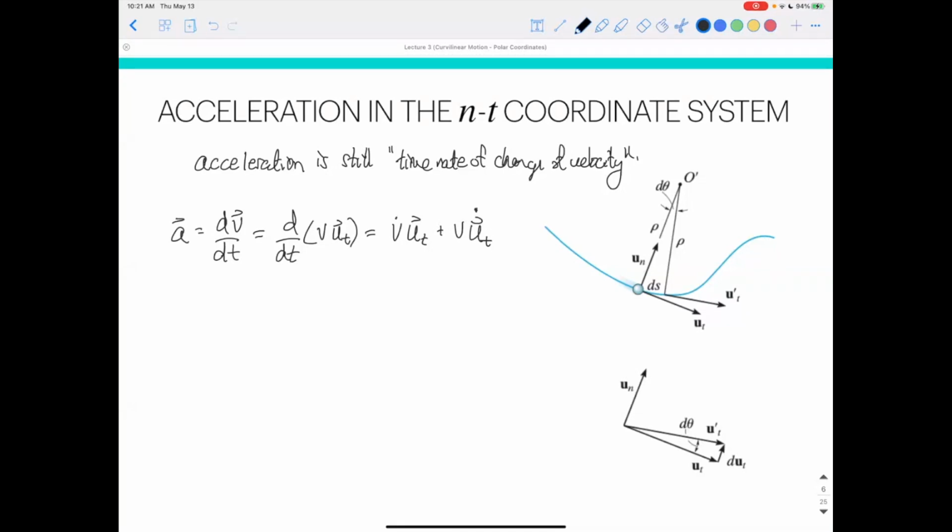So if we look at each of these terms, our v dot represents the change in the magnitude of the velocity. So change in speed. How fast is the speedometer in the car changing?